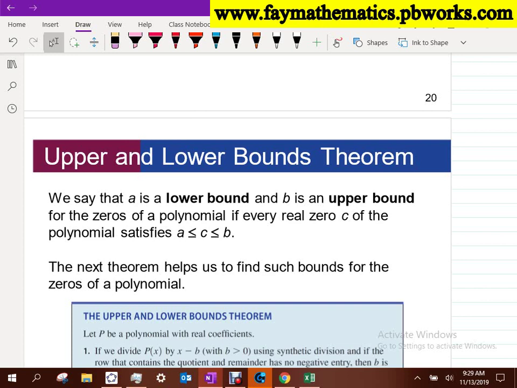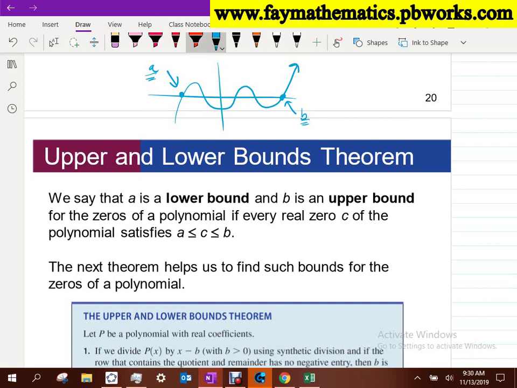If I've got my graph, and I don't care what it looks like, there's an A value and a B value, and all my C's are between them. So A is what we call a lower bound, and B would be an upper bound. Does that make sense? Okay.